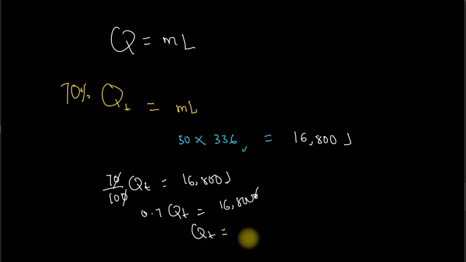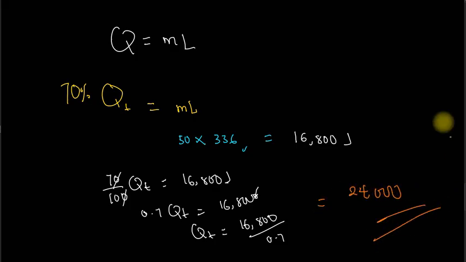QT, that is the total energy, would therefore be 16,800 divided by 0.7, and that gives us 24,000, which is our final answer. 24,000 joules.